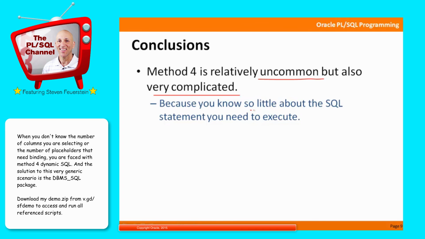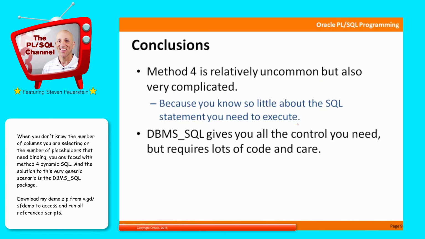But because you know so little about the SQL statement you're executing in this case, you have to fall back on DBMS_SQL. Then you get all the control you need, but wow, it comes at such a price. It requires a lot of code, lots of careful programming, lots of good debugging, and lots of good error handling. But the result is a very flexible program that can handle just about any requirement you've got.